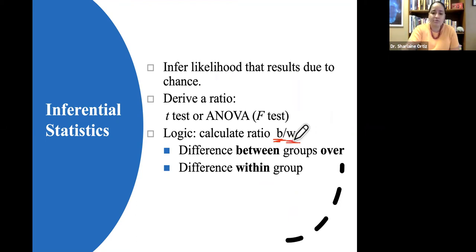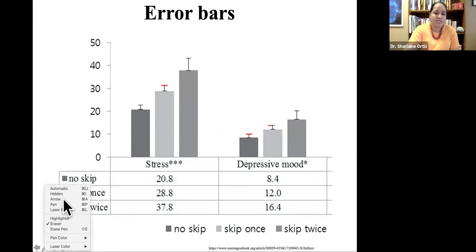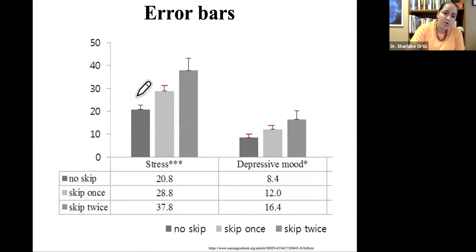Let's go back to our little chart over here. So we have these groups, right? We have the group here who didn't skip any breakfast, the group that only skipped one time, and the group that skipped twice. So notice that we have differences between the groups.